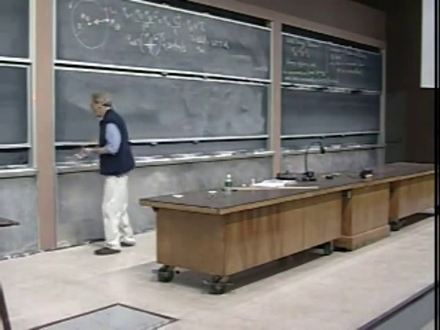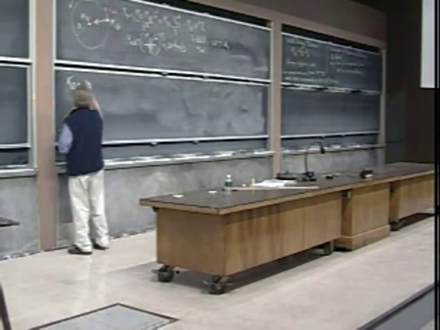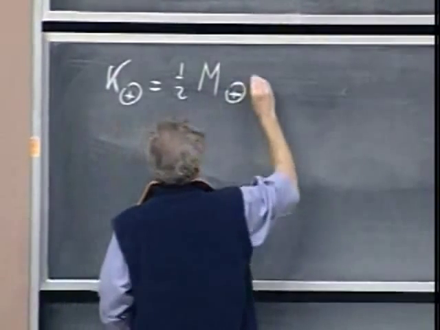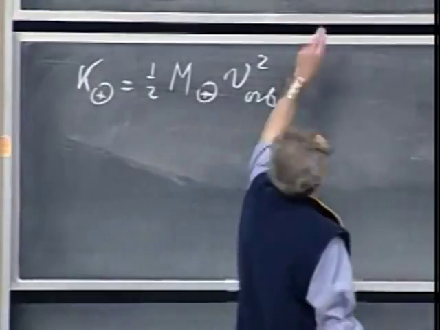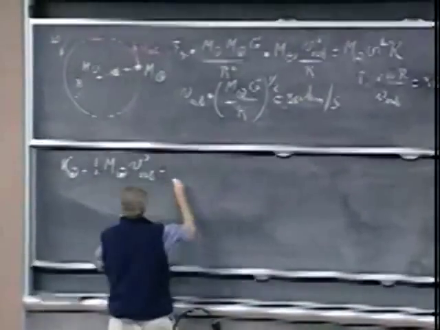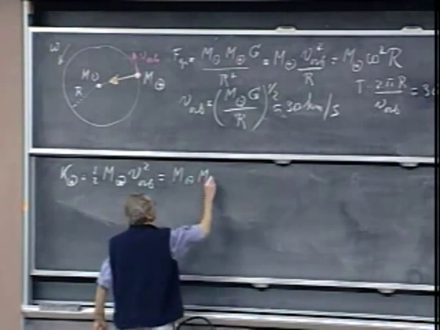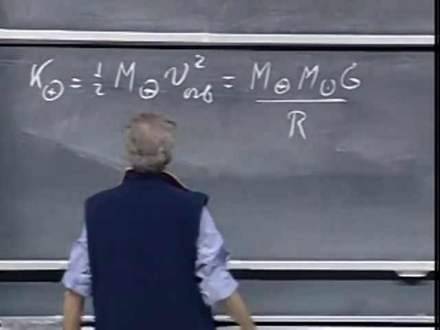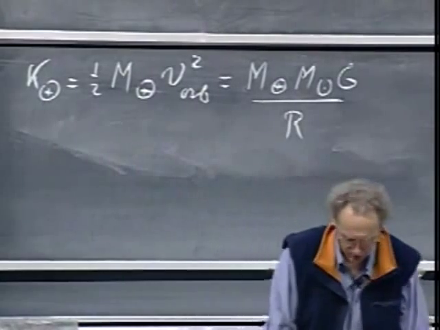So the kinetic energy of the Earth in orbit equals 1/2 mass of the Earth times v orbit squared. So I take this equation and I square it. I lose the half there. And so I get m Earth, m Sun times G divided by r. That is the kinetic energy in orbit.